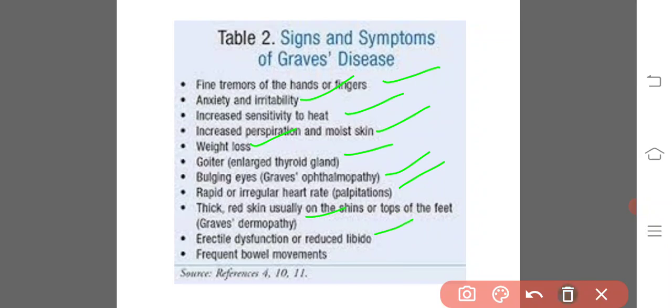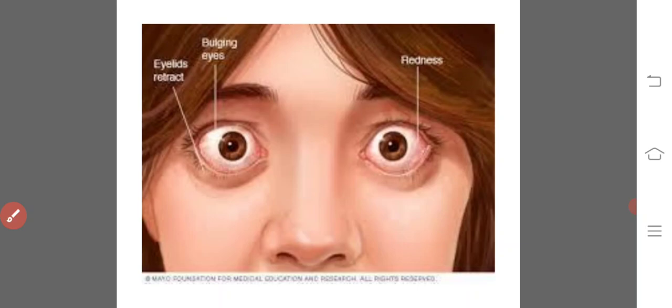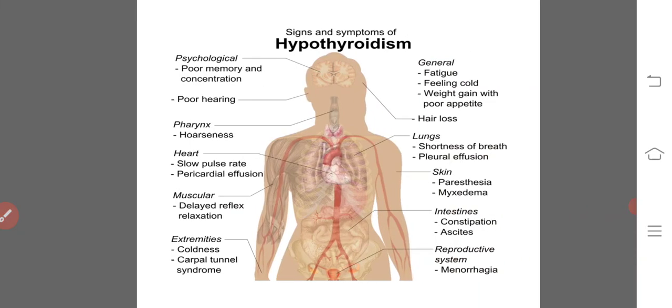These all are the signs and symptoms of the Graves' disease. So this is the exophthalmic goiter.